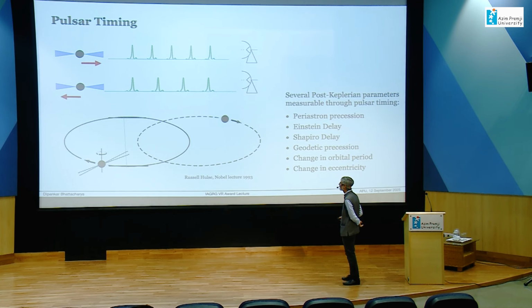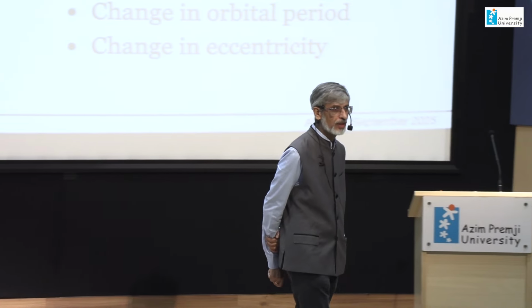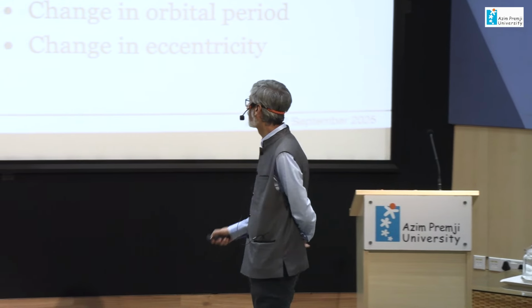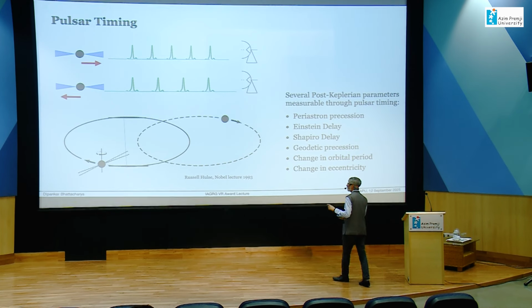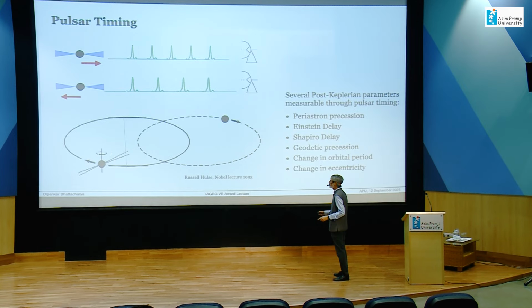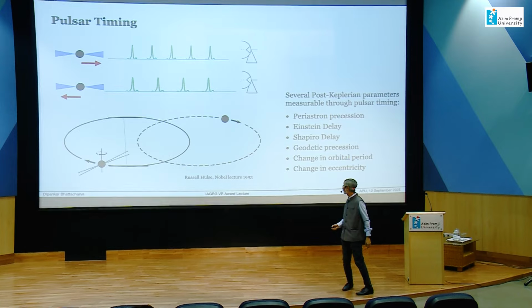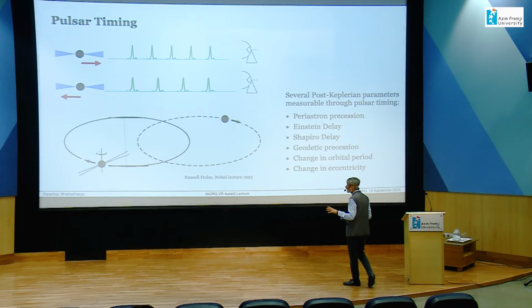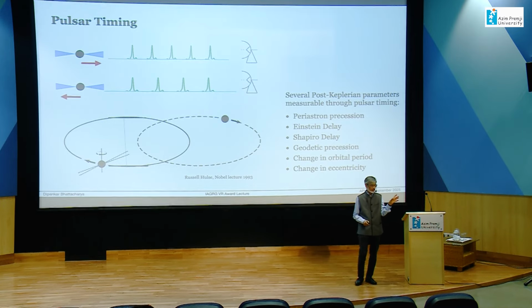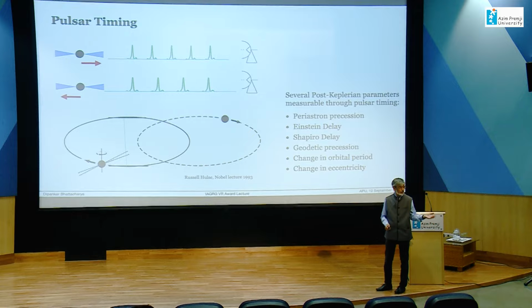The Shapiro delay is when the signal from one pulsar is coming towards you through the gravitational field of the other pulsar, very close. So you have sampled the gravitational field of the other object. Then the angular momentum of this pulsar can precess, which is a geodetic precession. You can find the change in the orbital period over time. You can find the change in eccentricity over time.